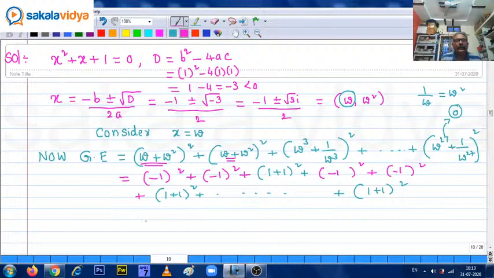That's very simple, we can count. Minus 1 square is 1, minus 1 square is 1, plus and so on, and plus this will be 2 square, 4 plus 4 plus 4, and so on. How many we need to find out.